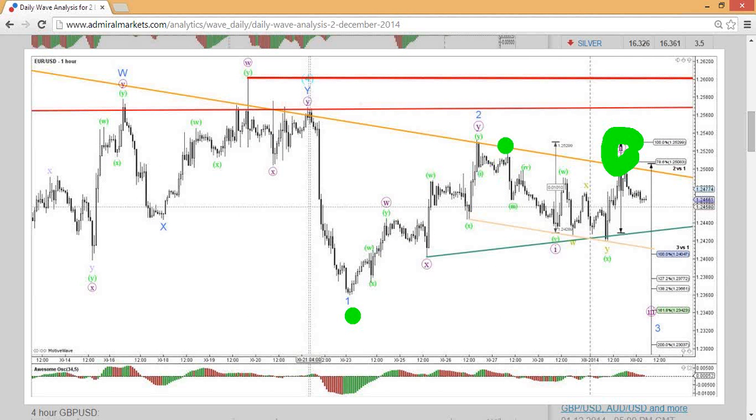So we had a blue 1, blue 2, purple 1, purple 2, and I would expect purple 3, purple 4, purple 5 to finish blue 3, then blue 4, blue 5 to finish the entire series. So we need an acceleration here for the wave 3. Let's take a look at the Eurodollar right now.